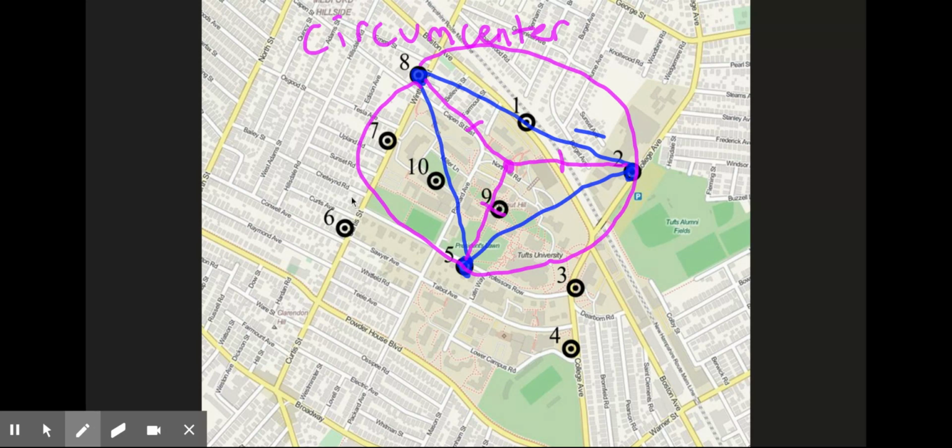All right. But how do we find this circumcenter, Mr. Card? Well, you should understand that circumcenters come from perpendicular bisectors. So if I could find all three perpendicular bisectors, I would know the location of my student center.